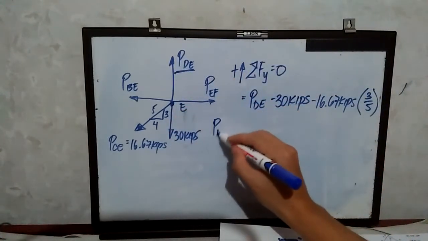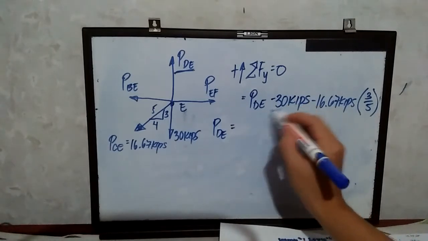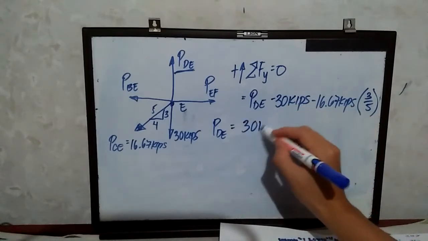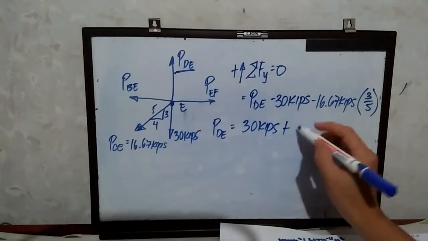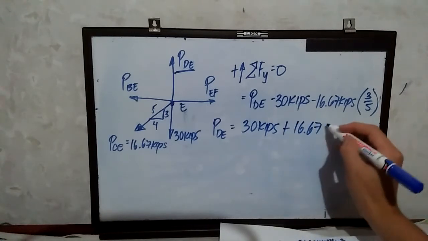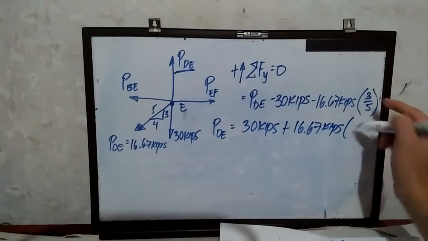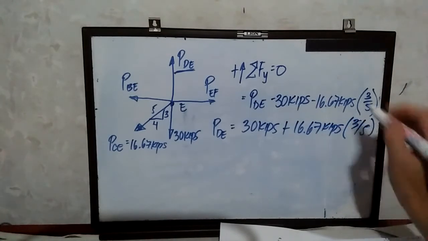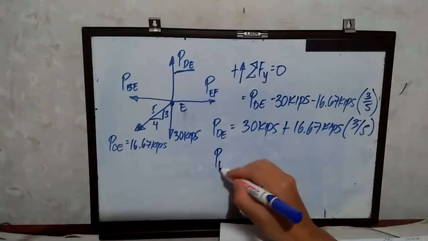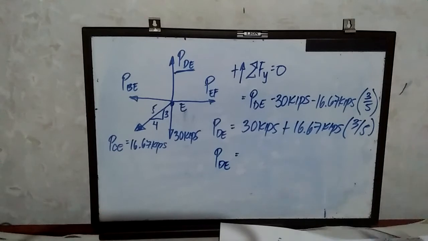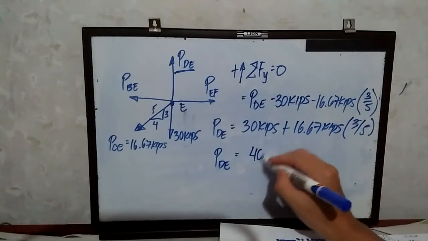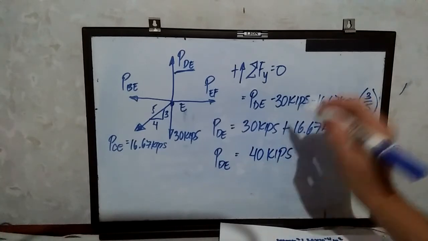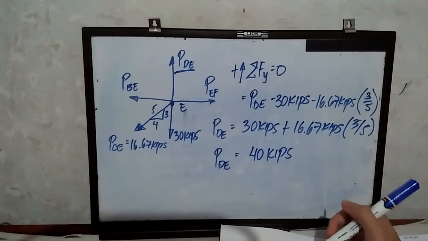So P sub DE is equal to positive 30 kilopounds plus 16.67 kips multiplied by 3 over 5. Then simplifying everything, P sub DE is equal to, that should be 40 kips, or 40 kilopounds, or 40,000 pounds.